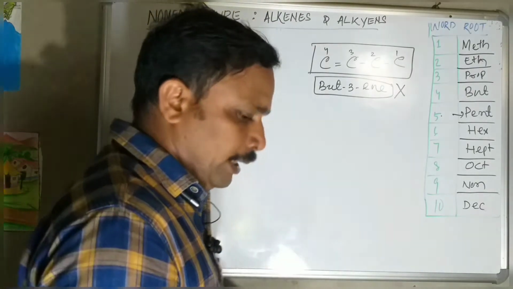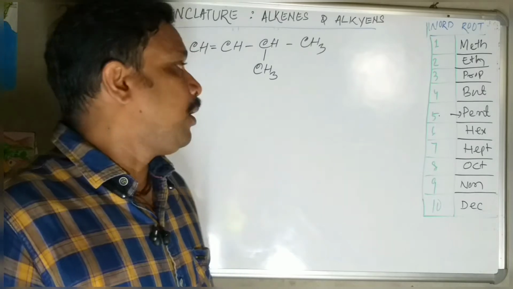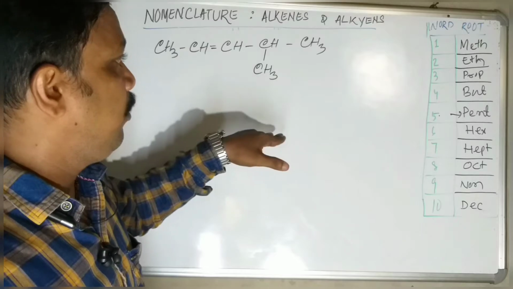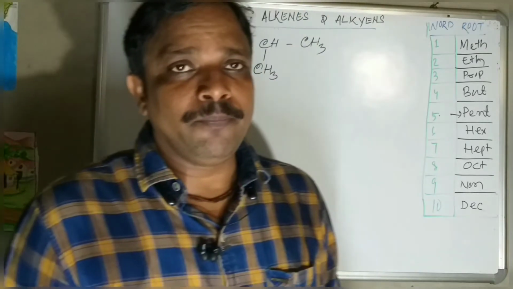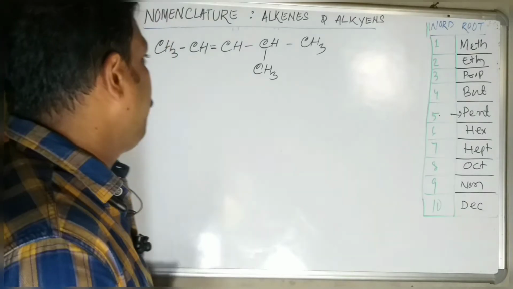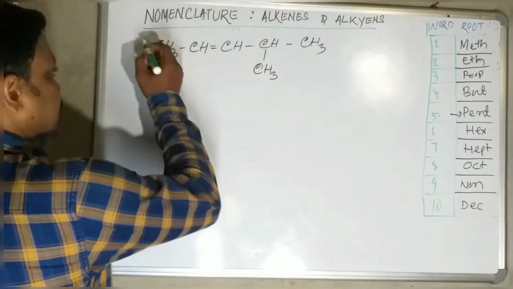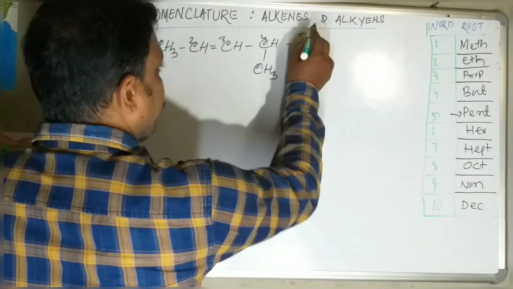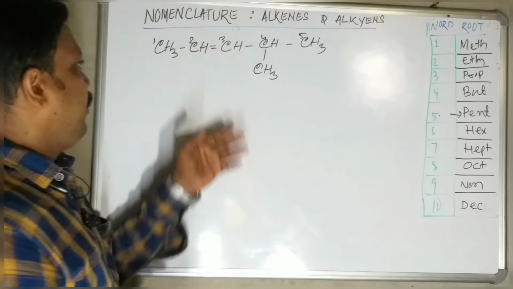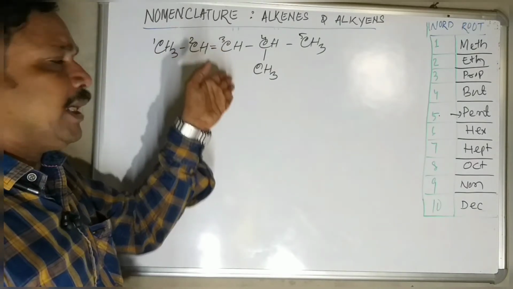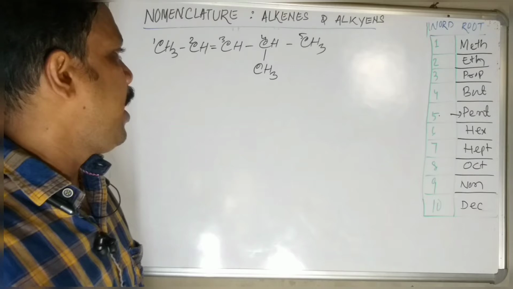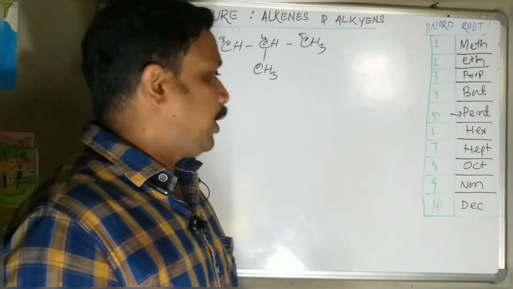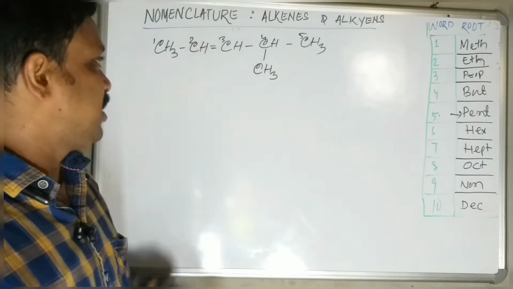Let's take another example. According to the first rule, it is the same as before. If we start counting from the left hand side, 1, 2, 3, 4, 5. Here, the functional group double bond is placed on second position and the substituent methyl group is at 4 position. Here is a controversial position.